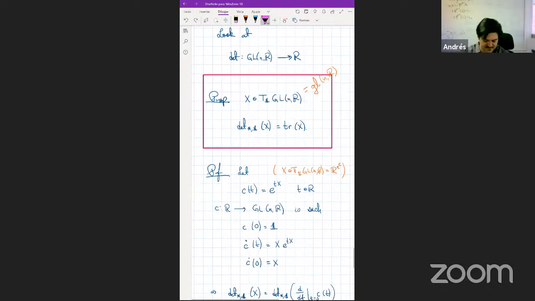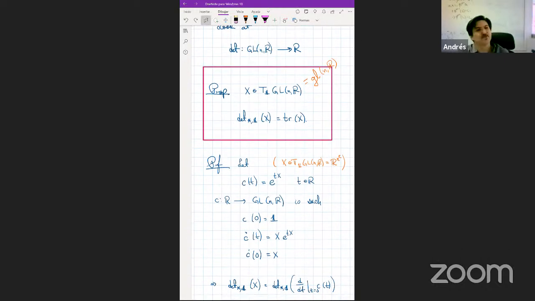Good. So there we are. That's just the definition of the differential. Well, sorry, basically I'm just replacing what X is.